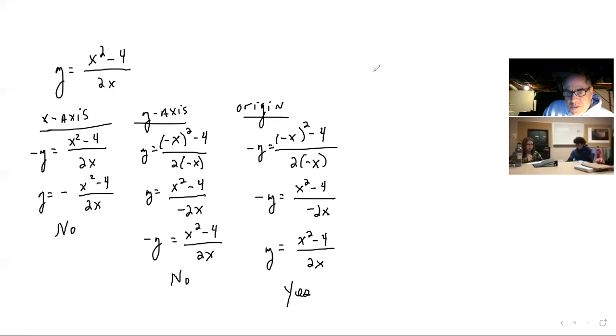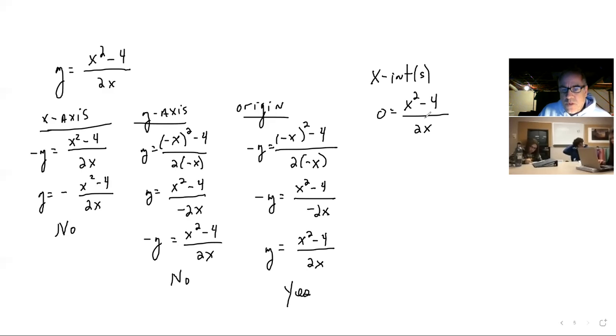Now, as far as intercepts go, check for x intercept or intercepts. Let y be 0 and solve for x. Okay. So in this case, a fraction is 0 when the numerator is 0.